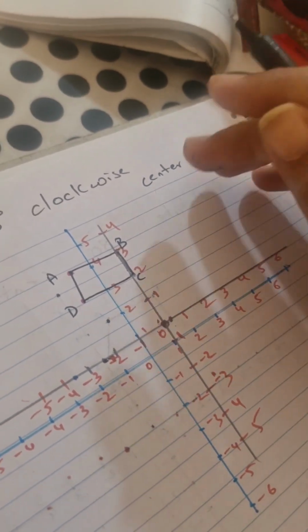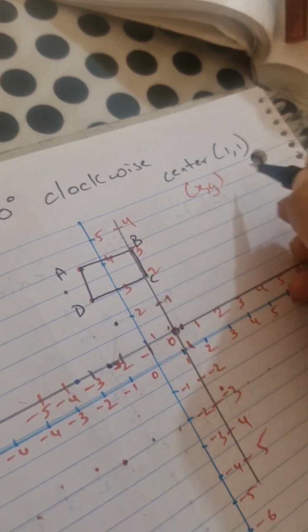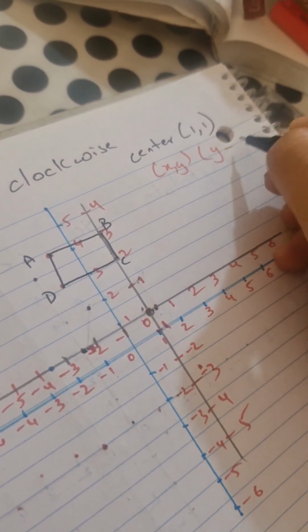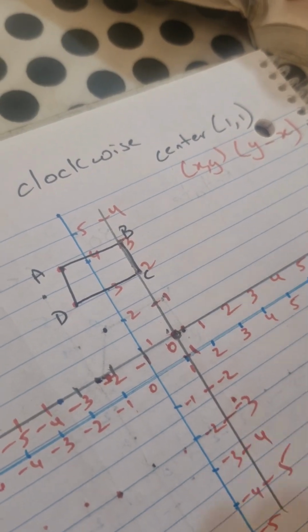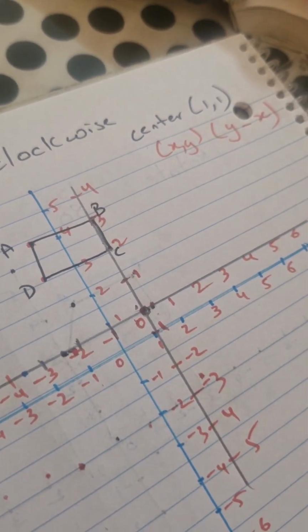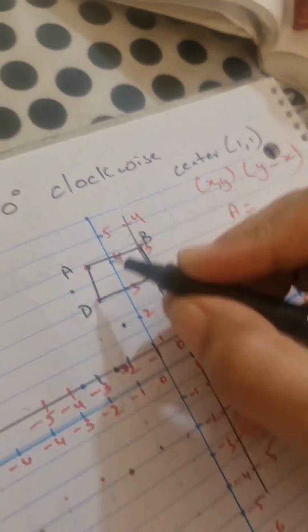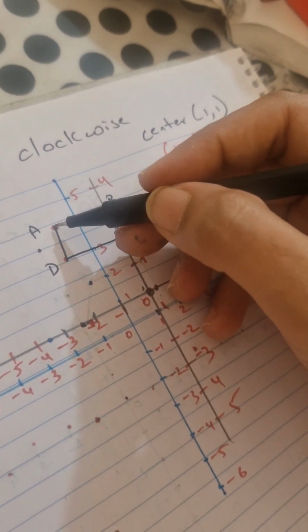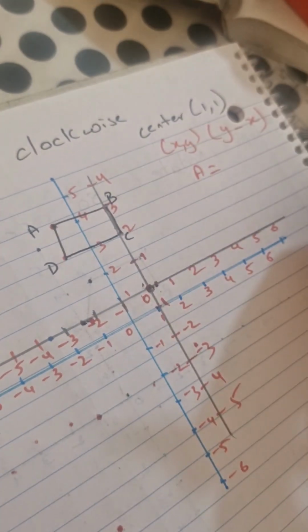Now what is my 90 degree clockwise rule? (x, y): y will swap the place and it will become negative x. Remember, y will go this side and x will come that side and x will become negative. So find the original coordinates first. Original A is negative 2 and 3.